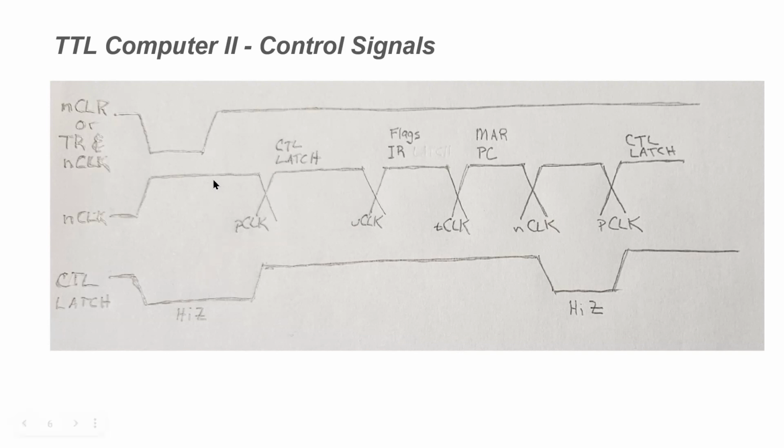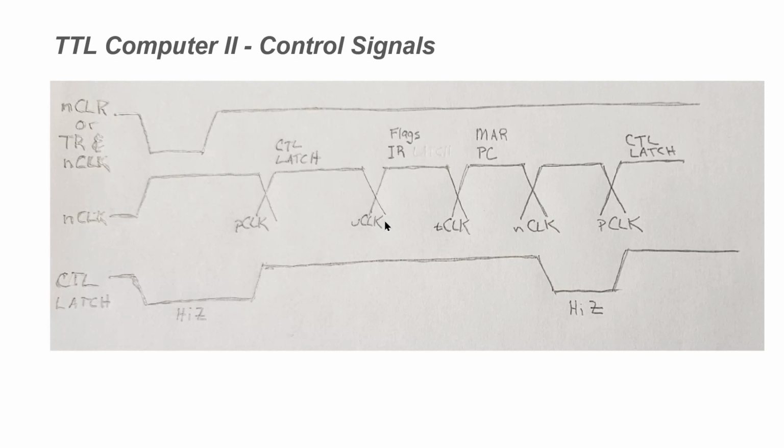Now, that 150 nanoseconds ended about here someplace. So the EEPROM output has stabilized here, before the not clock is finished. So the outputs are all good. Again, the P clock goes high, and that latches in the outputs from the EEPROMs.